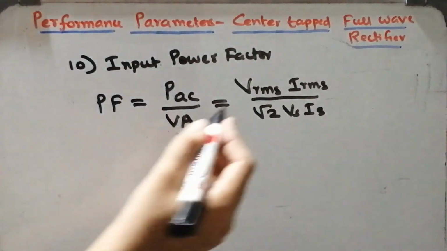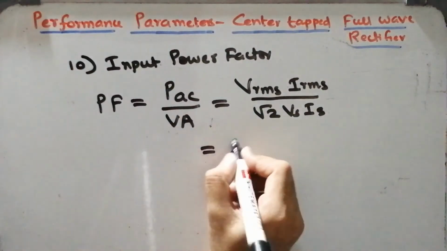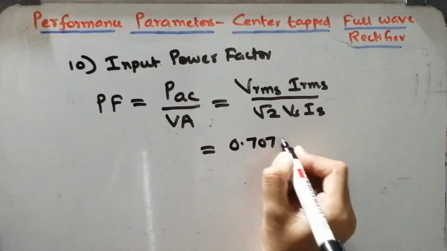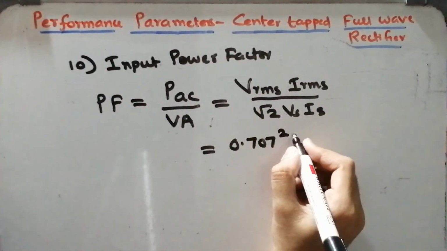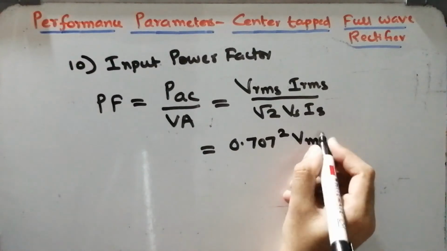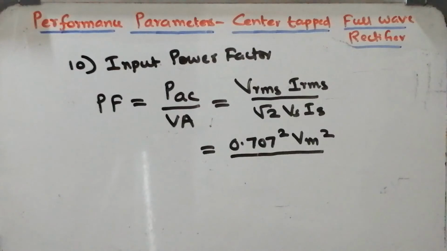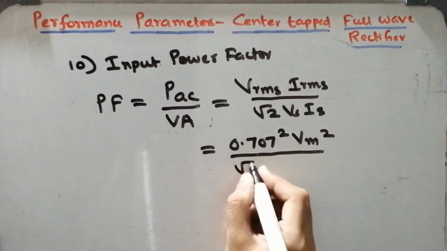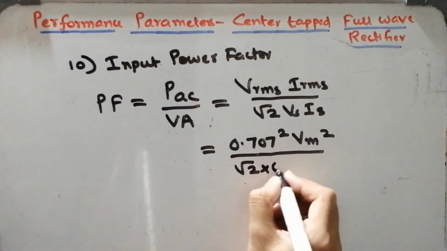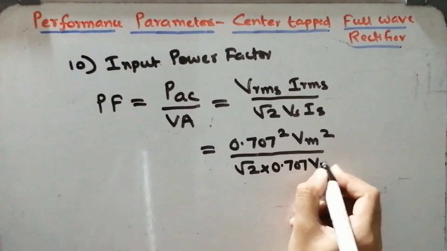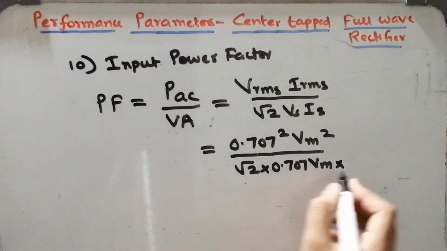If I multiply VRMS into IRMS, I will get 0.707 the whole square into Vm square divided by root 2 into 0.707 Vm into 0.5 Vm.